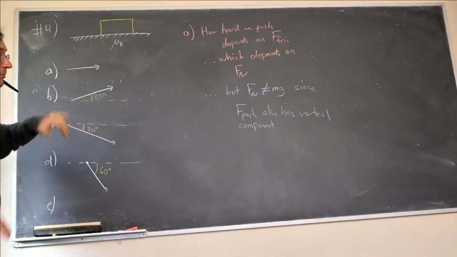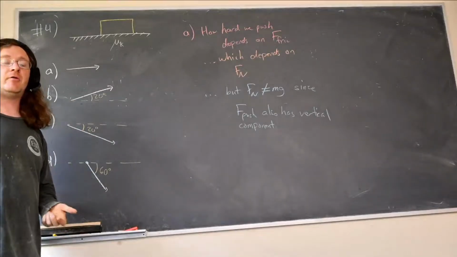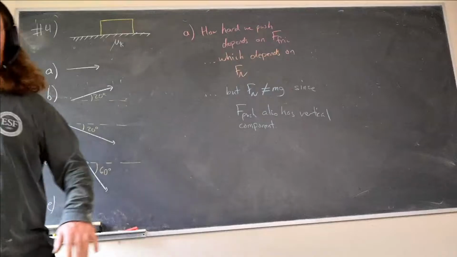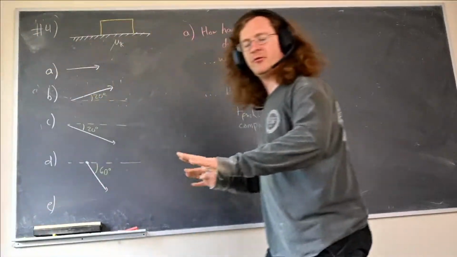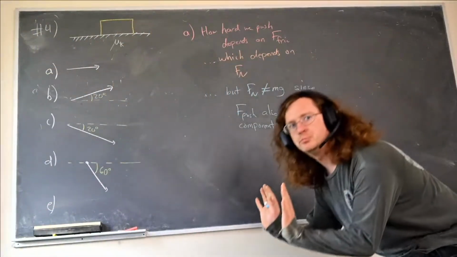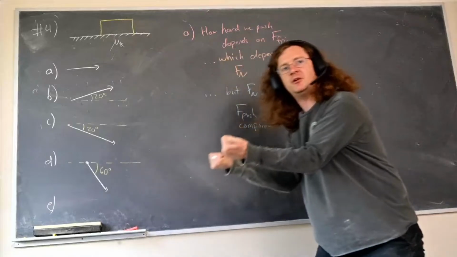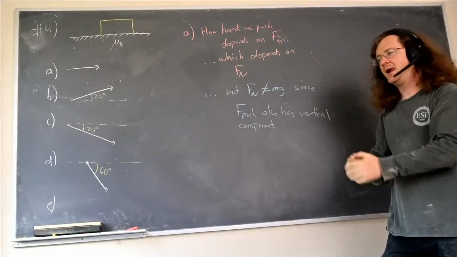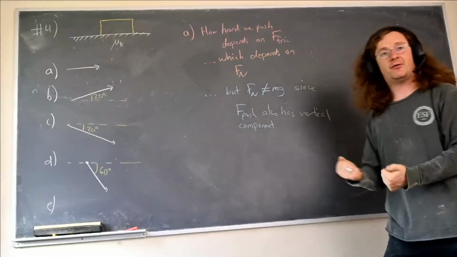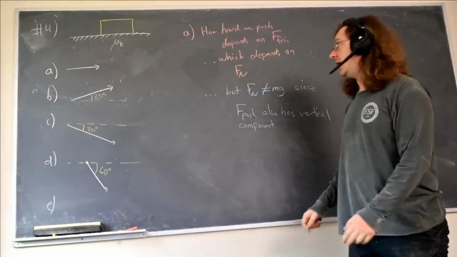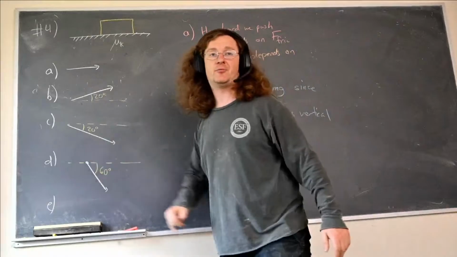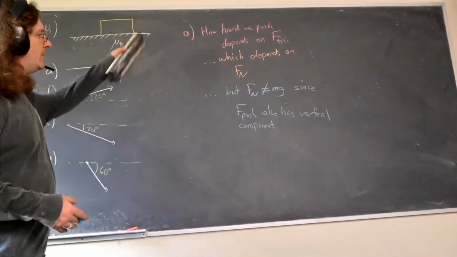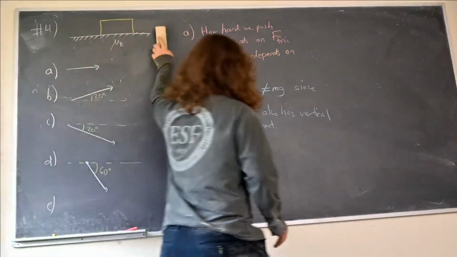But in part C, I'm pushing down on it, and there the normal force will be greater than the weight of the thing. I mean, you might imagine that if I have a table in front of me, I want to push up or lift and pull to take some of the weight off of it and reduce friction, rather than to push it down into the ground and create more friction as I'm trying to make it go. So this is a thing we all know intuitively, but we want to do the math here.